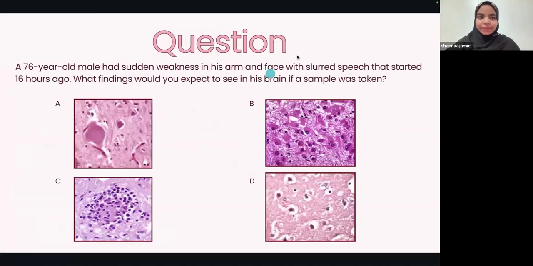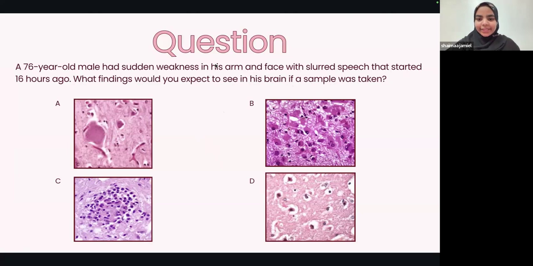Okay, next question. A 76-year-old male had sudden weakness in his arm and face with slurred speech that started 16 hours ago. What findings would you expect to see in his brain if a sample was taken? Okay, someone is saying D. Anyone have any other answer?